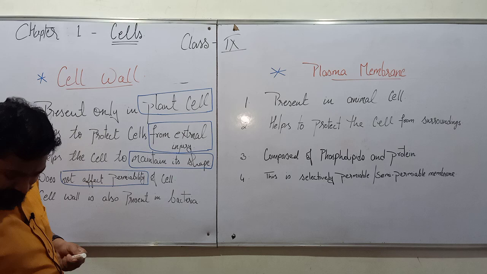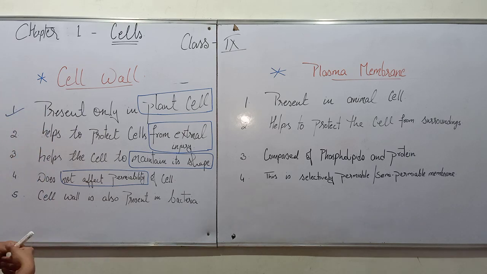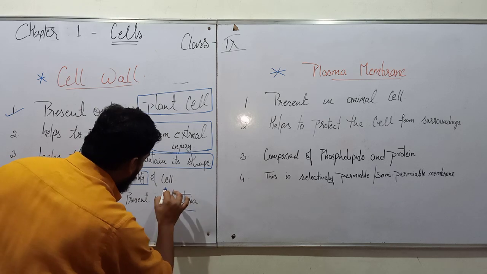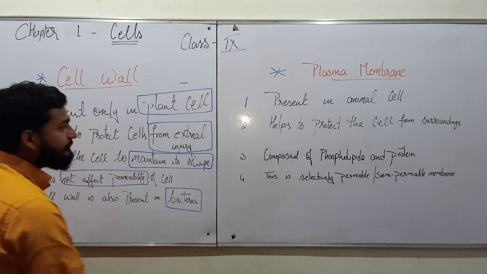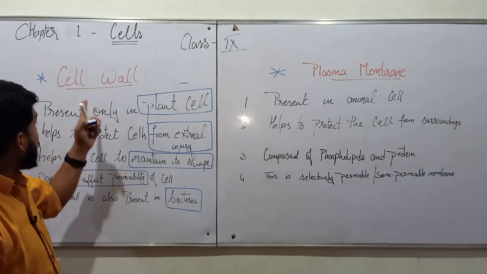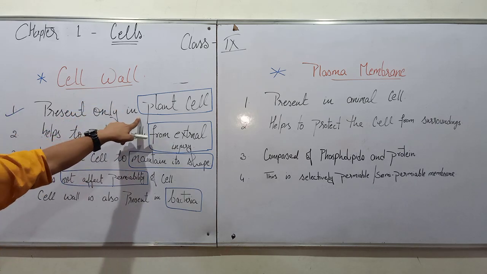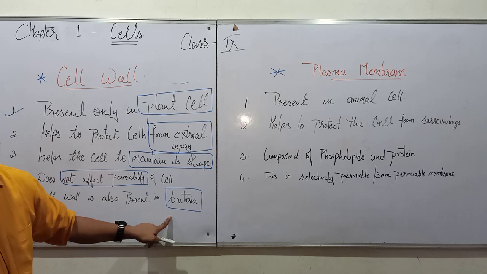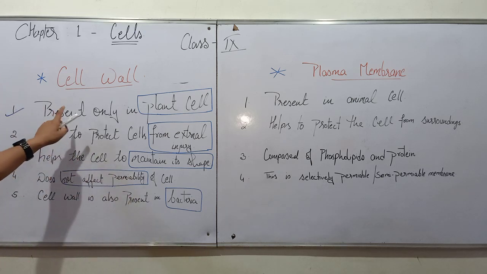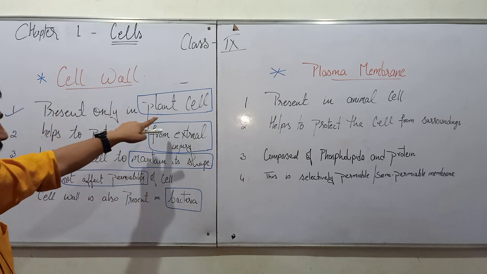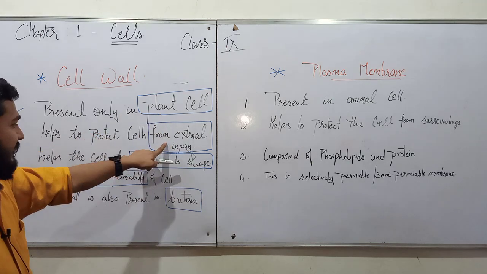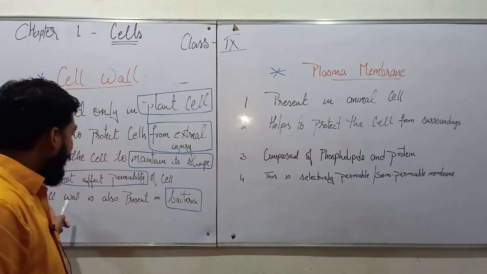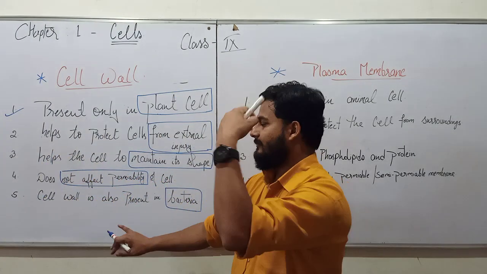So the first point said the cell wall is present in plant cell, and the last point I am also talking about a difference, that cell wall is not only present in plant cell but it is also present in bacteria. So the first thing is present in plant cell, protects from external injury, maintains shape, does not affect permeability of the cell, and cell wall is also present in bacteria.